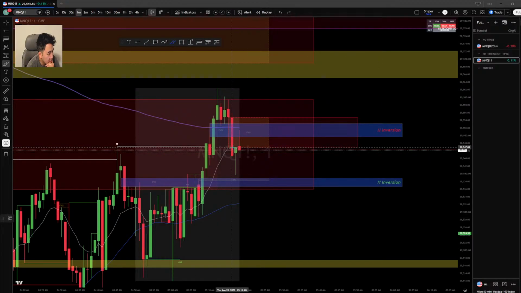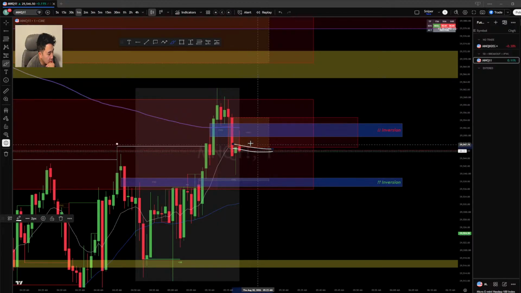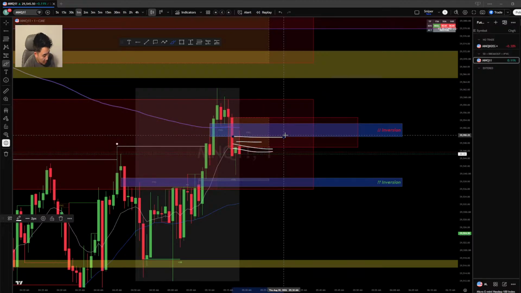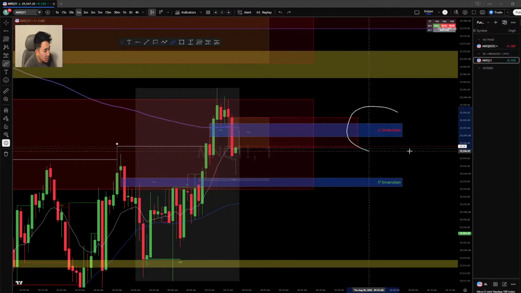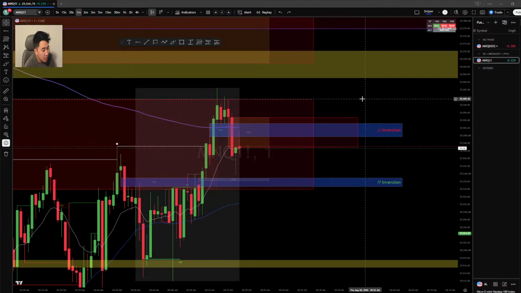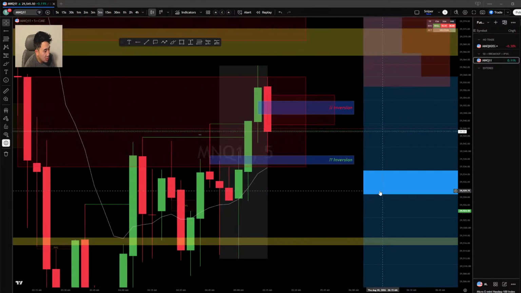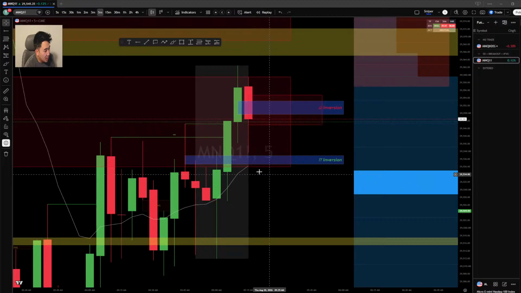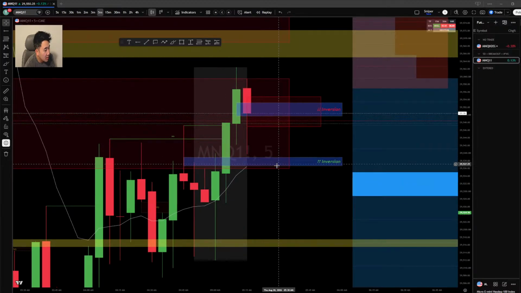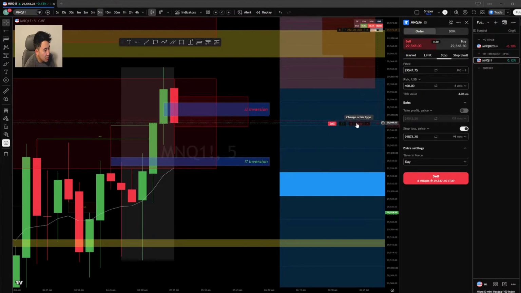The 13 EMA is sitting right at this level, so entry would be around here, right inside this stacked bearish area. I would just be careful. On the 5-minute, I would want a drop and close over this 13 EMA. If that's the case, I would look for some shorts.